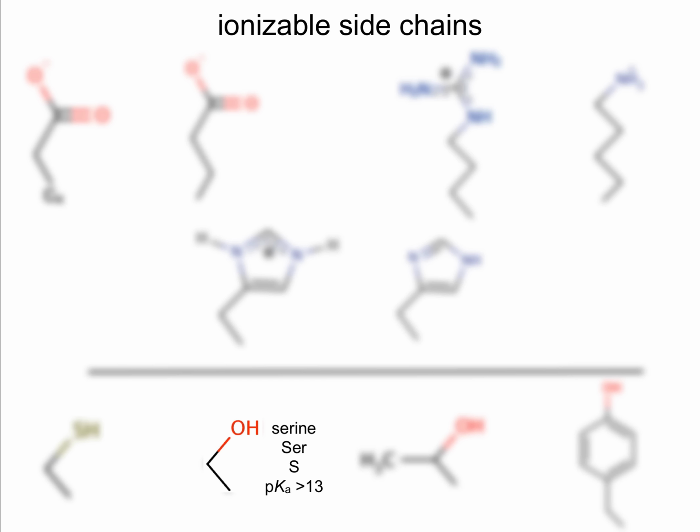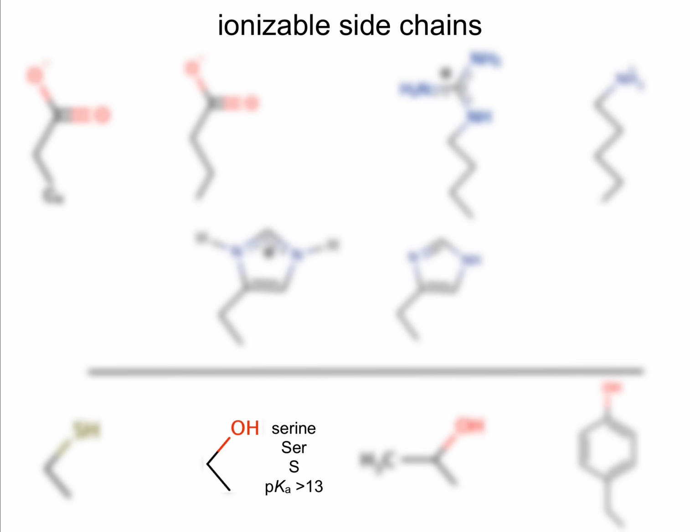There's serine, three-letter code SER, S-E-R, single-letter code S, with a very high pKa, greater than 13. Nevertheless, we encounter that serine oxygen acting as a nucleophile in the context of the active sites of, for example, serine proteases.